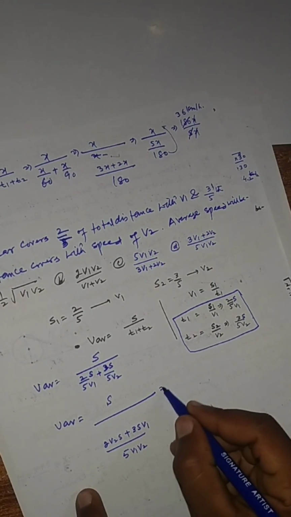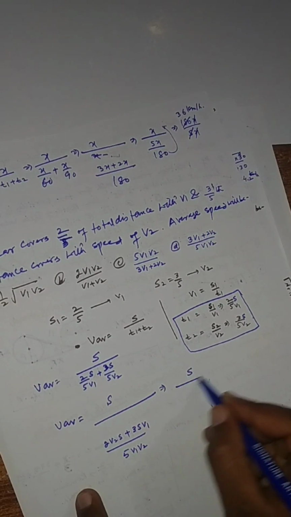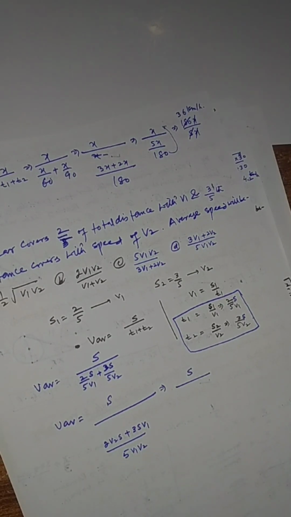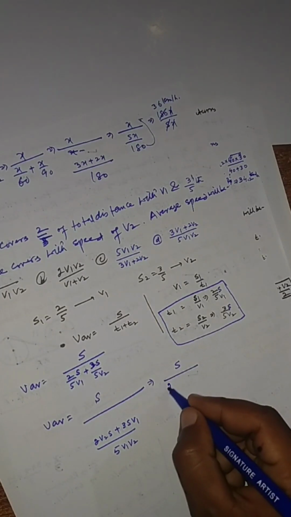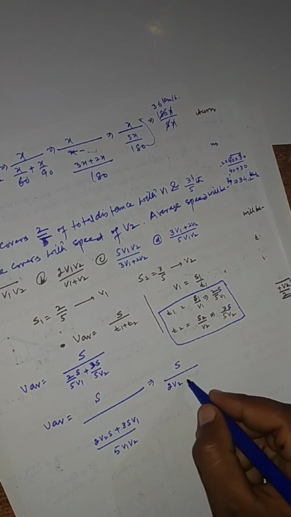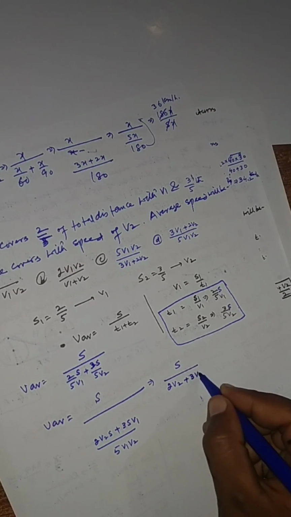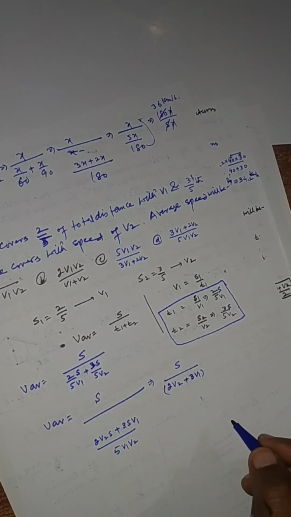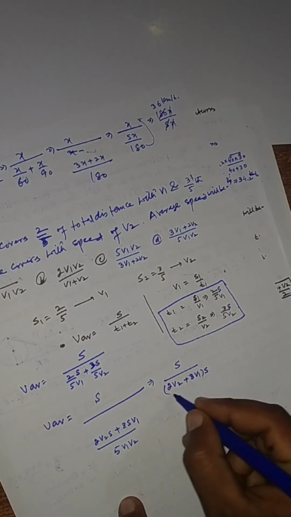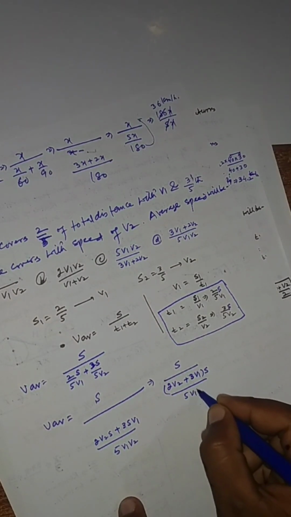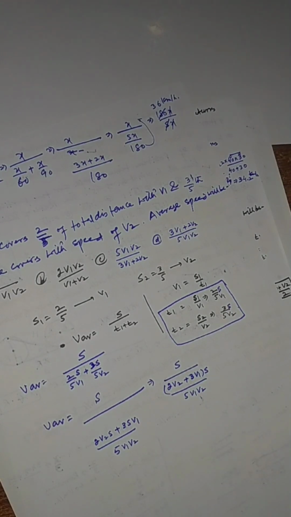So we get S over, by taking S common, 2v2 plus 3v1 into S over 5v1 into v2.